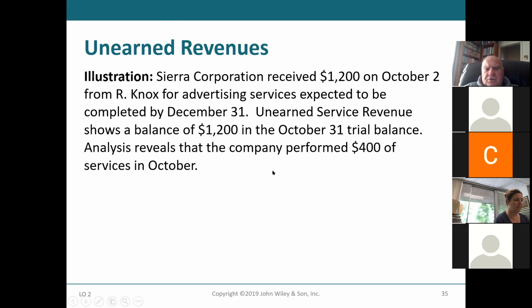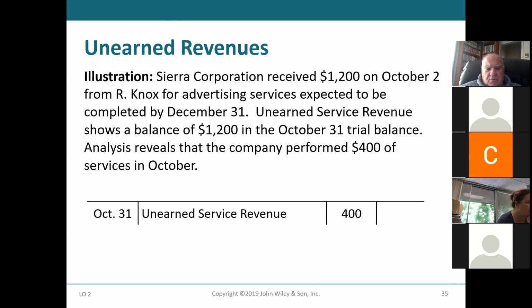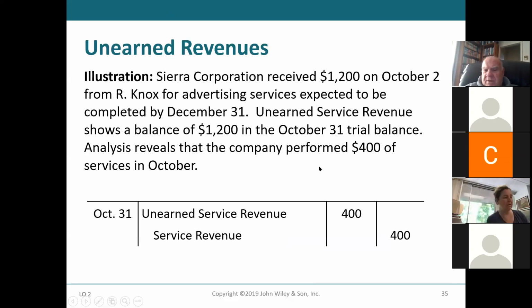We did $400 of the work in October, so we can claim $400 as real revenue. So look at your journal entry. We debit unearned revenue and we credit service revenue. We debit unearned revenue because we don't owe them $400 worth of work anymore. We did $400 and we credit service revenue.